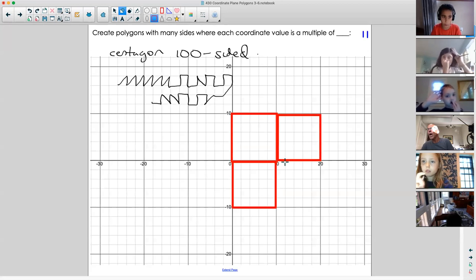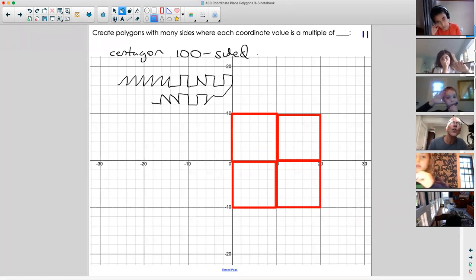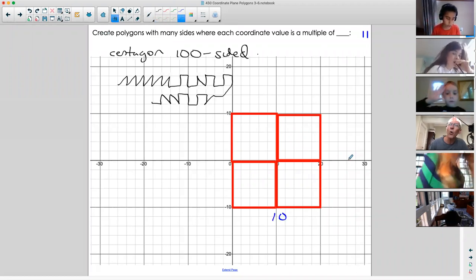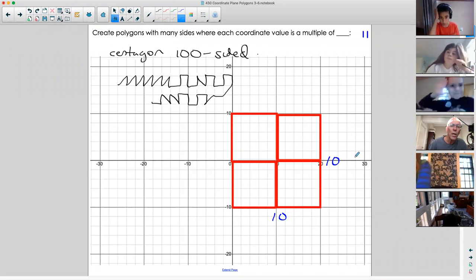You don't need to use the whole page. Now, Bayram, I agree that that gives you 100 square units, but does that create a centagon? No, because we know it's a 10 by 10 square. So Bayram, I like your thinking, but you need 100 sides.